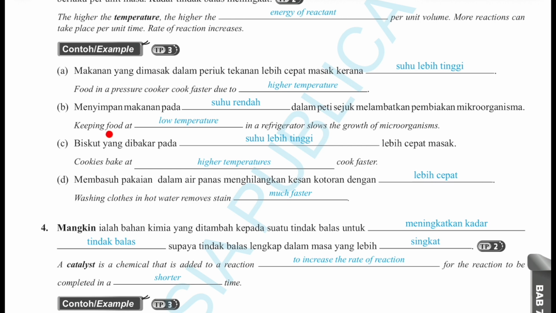And then keeping food at low temperature in a refrigerator slows the growth of microorganisms. The third one, cookies baked at higher temperature cook faster. And then the fourth one, washing clothes in hot water removes stain much faster. This is the application of this knowledge. The higher the temperature, the higher the rate of reaction.